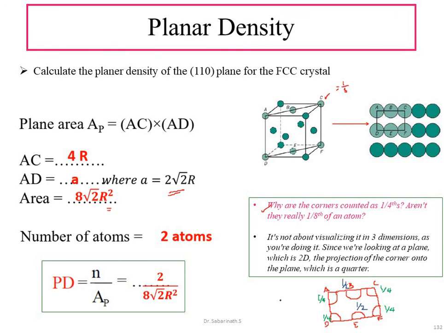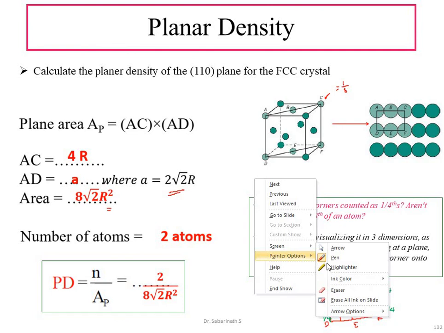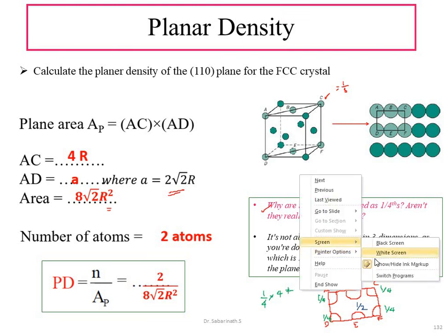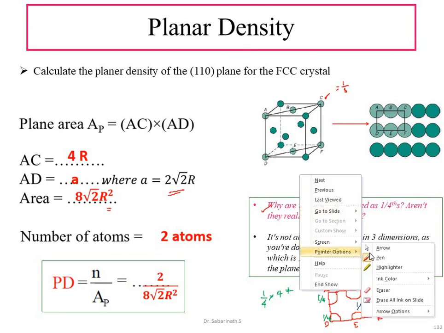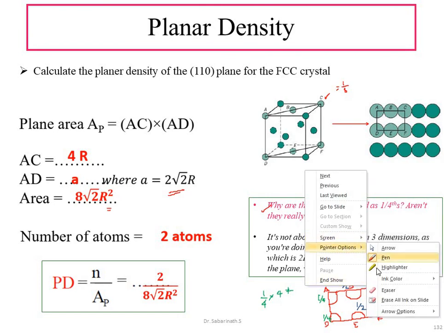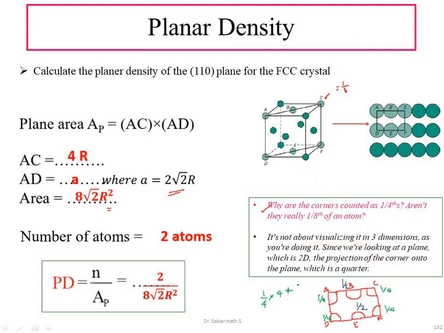So the total will be: the quarter atoms contribute 1 by 4 into 4, because 4 atoms will be there, plus the center atoms, half into 2.